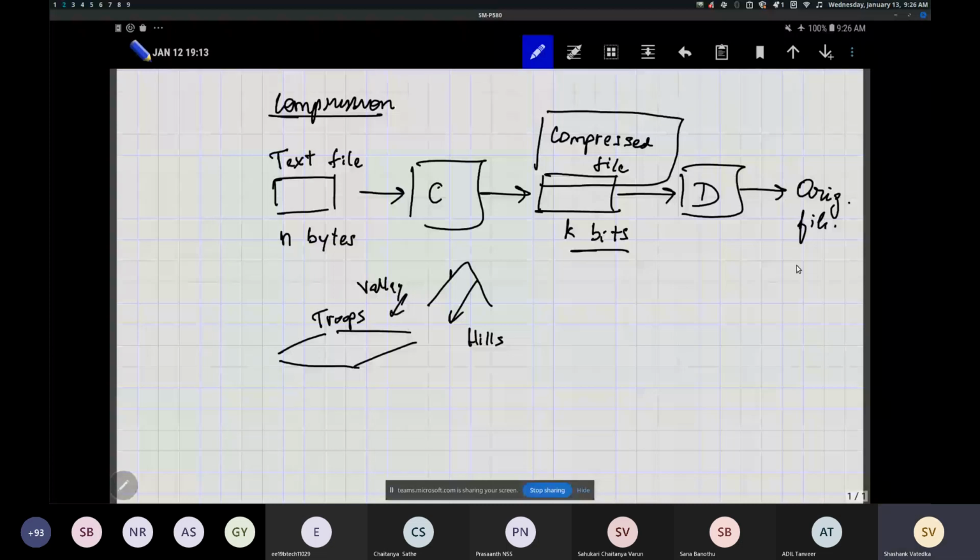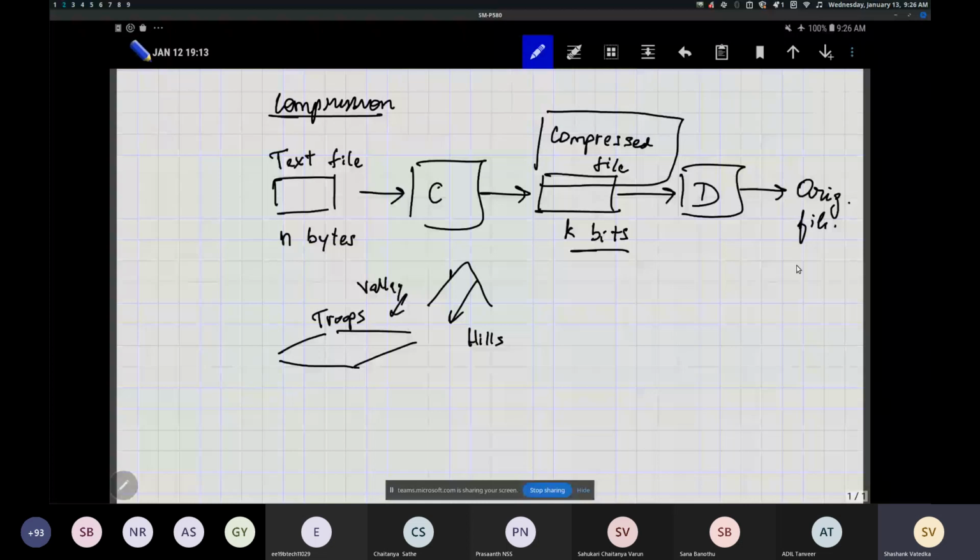So if this compression decompression algorithm is optimal, in the sense that it contains no additional redundancy than what is absolutely required, then k bits is the amount of information that is contained in the text file.